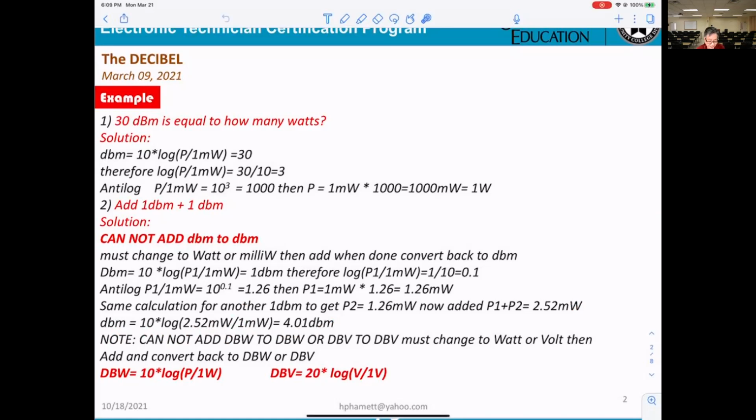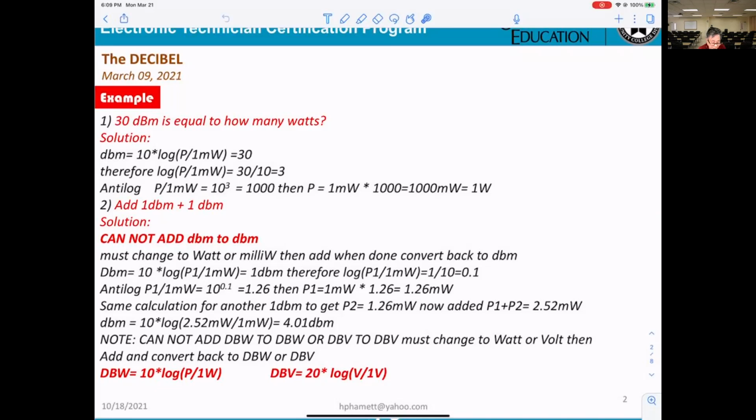Okay. And also they're telling you, you cannot add dB watt to dB watt or dB volt to dB volt. Convert to watt or voltage when adding, and convert back to dB watt or dB volt. The way it works is the same, only the formulas they give you differ.